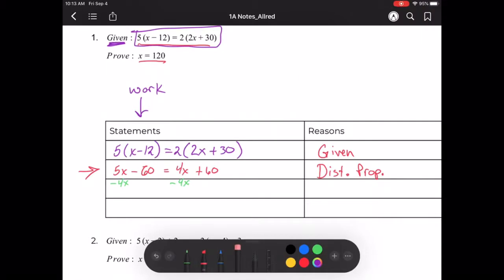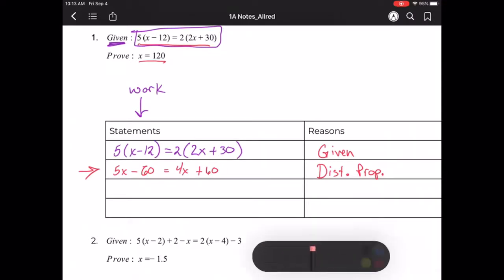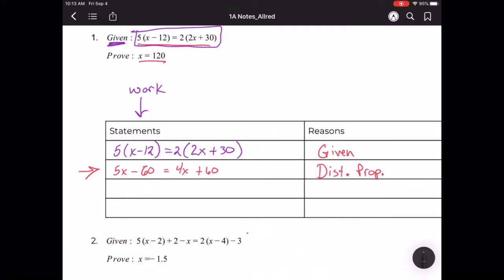I'm even going to show you that I'm erasing that. There, get my eraser to work right. What I'm going to do is show what would happen if I did subtract 4x from both sides. On the right side, it cancels, so the only thing on the right side is equals 60. On the left side, 5x minus 4x is just x, and I still have my minus 60.